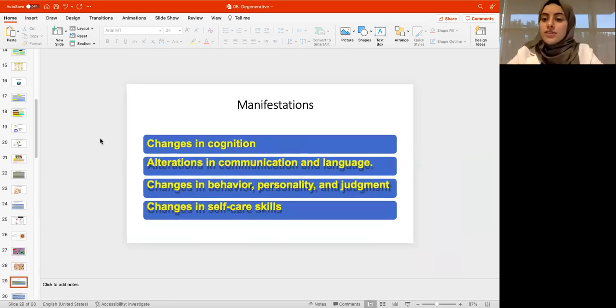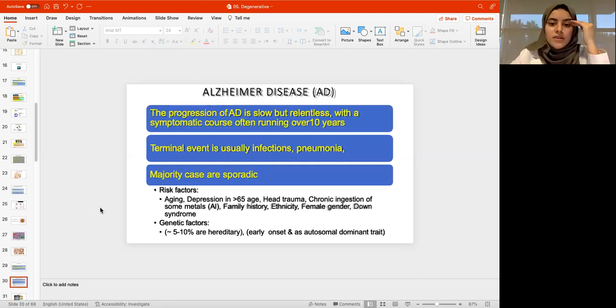Okay, so manifestations of Alzheimer's disease. As I mentioned, he's kind of repeating a lot of the information. You have changes in cognition, communication and language, behavior, personality, all of these things happen in Alzheimer's disease. Okay, so this is important. Remember how I said you have some dementias and some neurodegenerative disorders. Some of them happen quickly and over just a few years the patient dies.